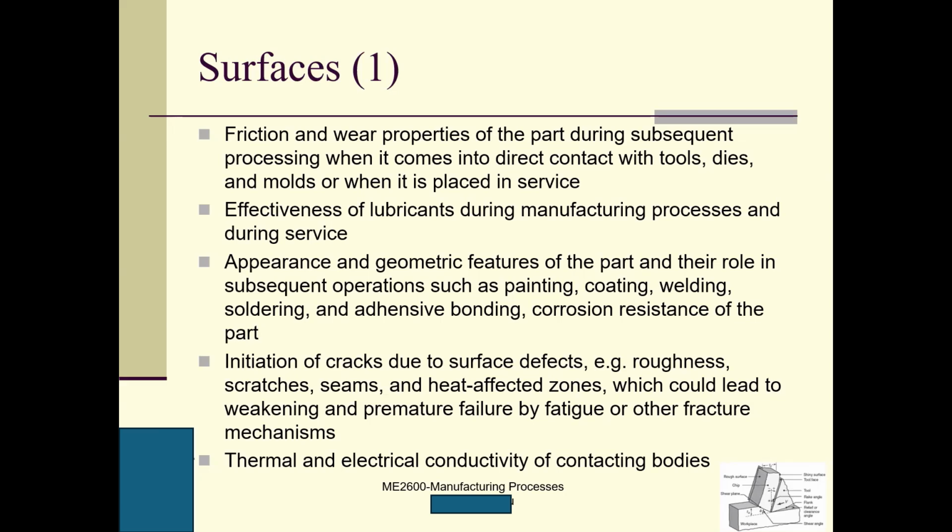Appearance and the geometric features of the part and their role in subsequent operations such as plating, coating, welding, soldering, and adhesive bonding, and corrosion resistance of the part. So the surface is very important. First is the appearance, and also adhesive bonding. Suppose this is a machined surface.